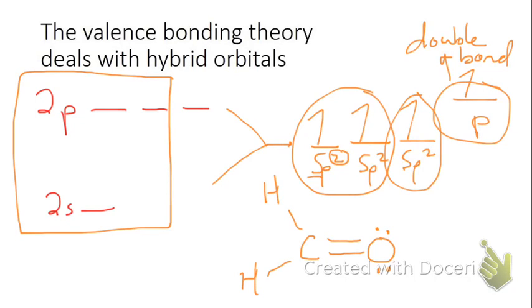So what in the world? Let's talk about the different types of bonds we can have. These bonds right here, the bonds that come about through binding through a hybrid sp orbital, are known as sigma bonds.